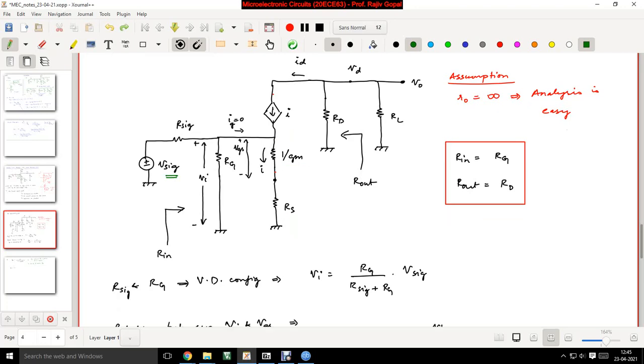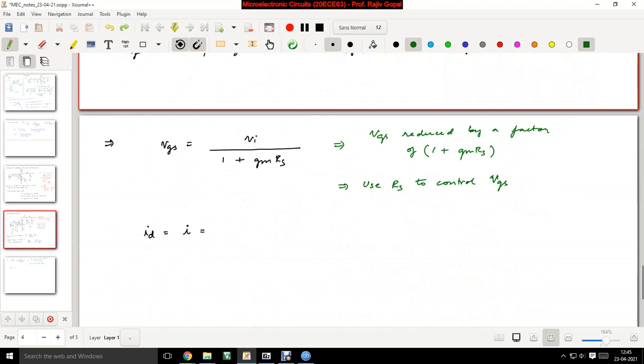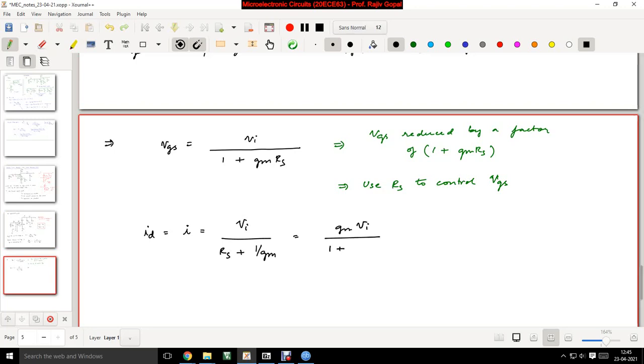If I go down, I can write this as Vi divided by (Rs plus 1 by Gm). So this is again Gm into Vi divided by 1 plus Gm into Rs. This is what ID is now.